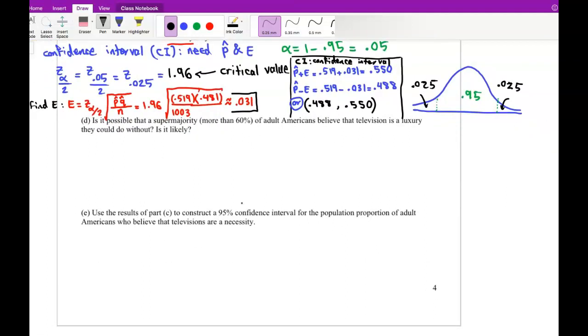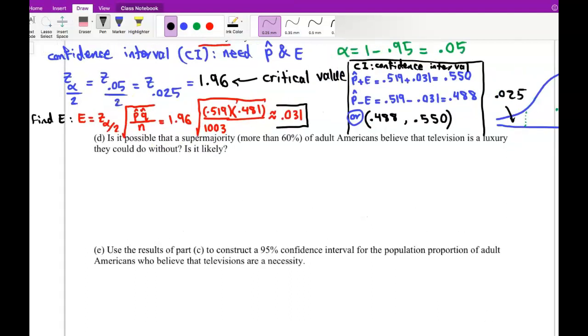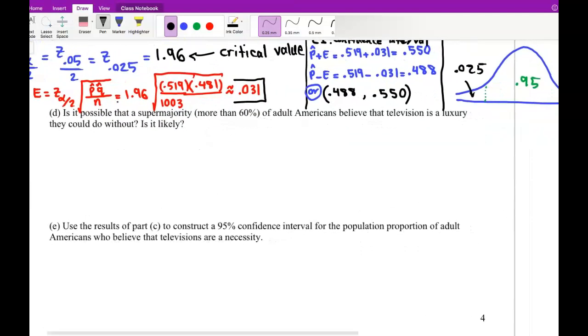Okay, now part D. Is it possible that a supermajority, for example, more than 60% of adult Americans, believe that television is a luxury they could do without?